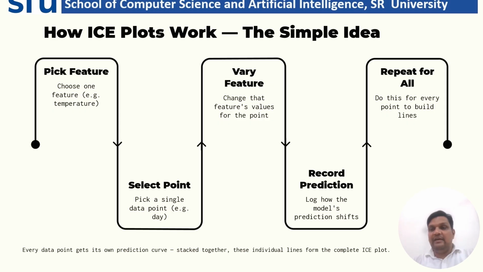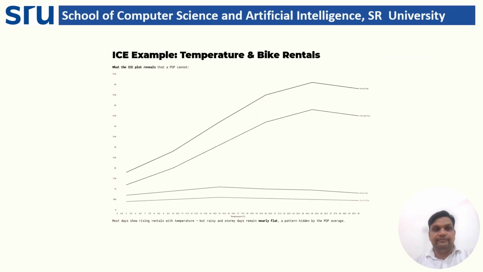In a simple sentence, we can say that we pick a data point, vary one feature, track prediction changes, repeat this for all data points, and we get the full ICE plot. Example: temperature and bike rentals.